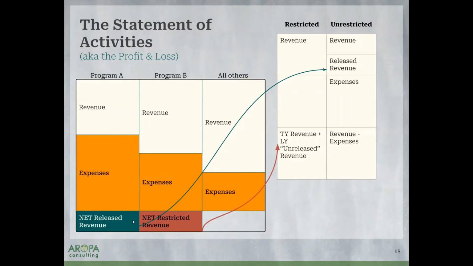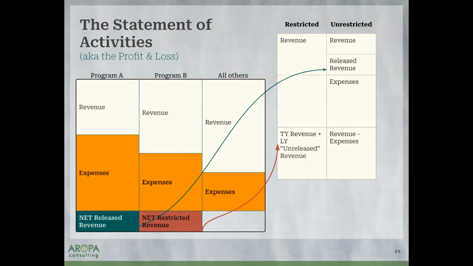And our restricted revenue, that is still restricted because our overall expenses are less than the revenue for this particular program. That net revenue is what lives as restricted revenue.